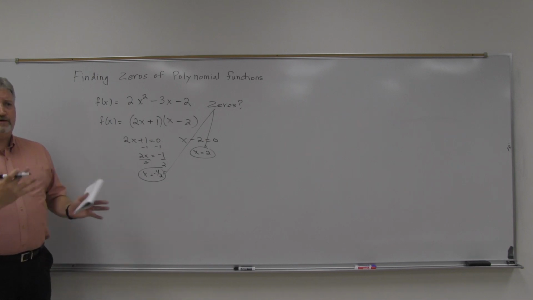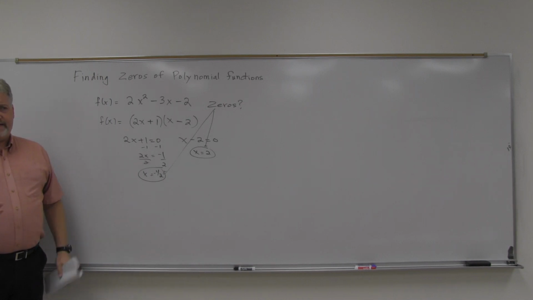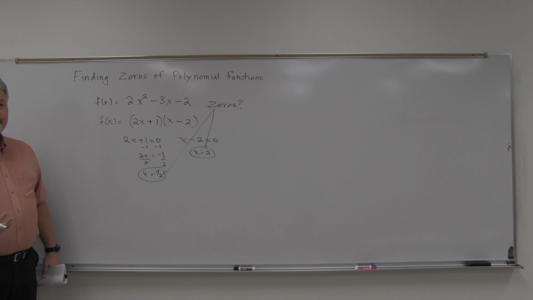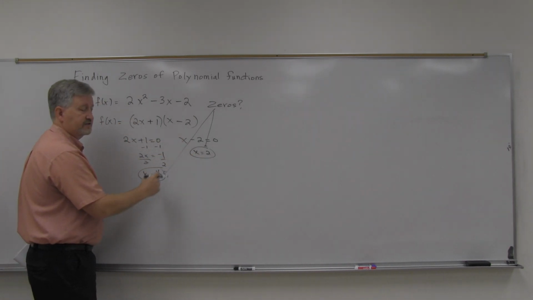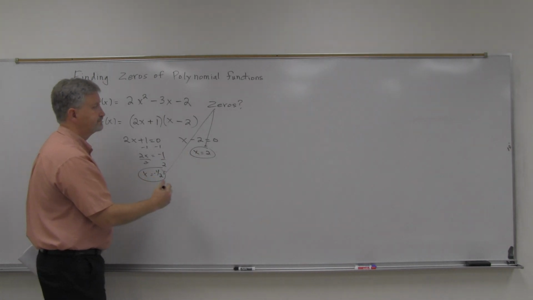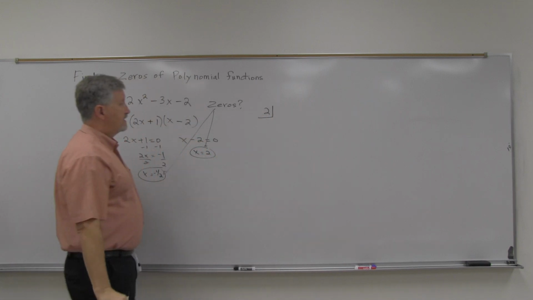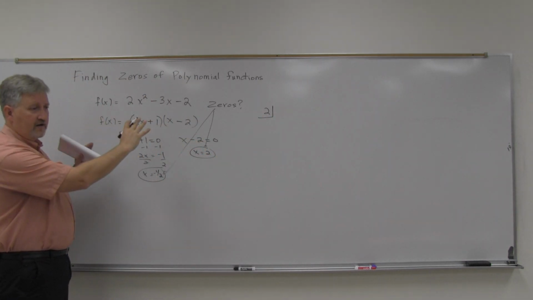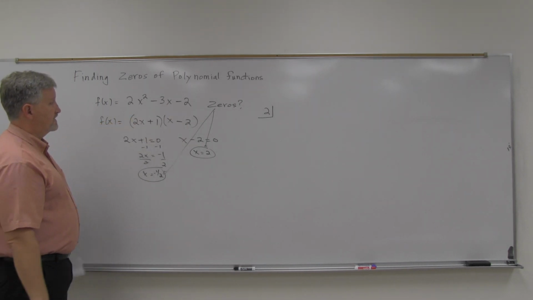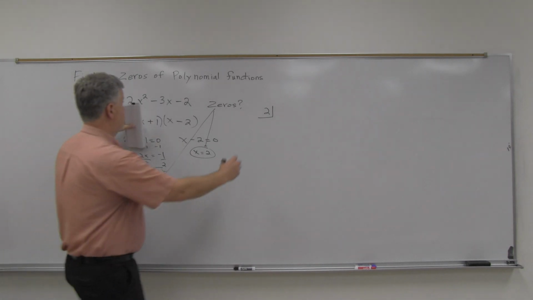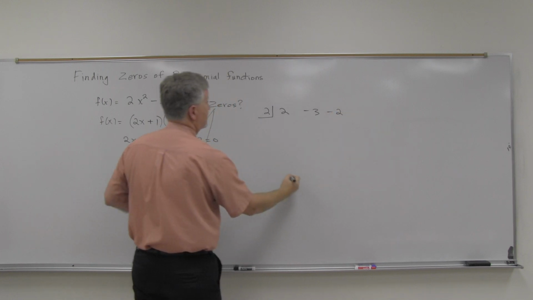Well, we've already done that, but the point I wanted to make was, we talked about synthetic division last time, and it turns out if I use either one of these in my synthetic division, let's use 2 here, to divide into my function, we put the coefficients alongside: 2, negative 3, and minus 2.